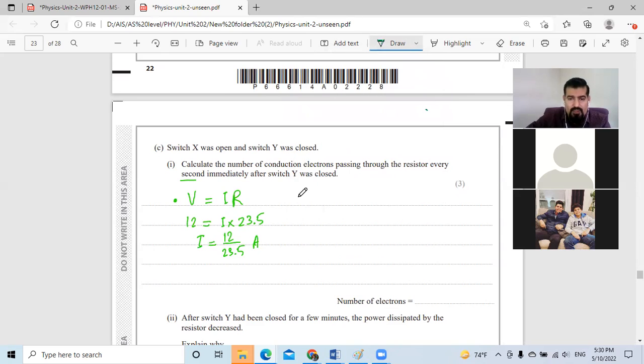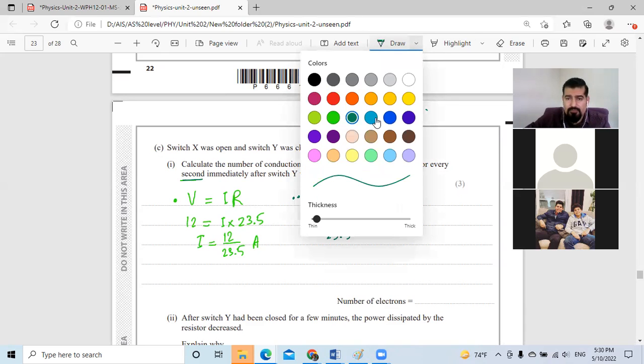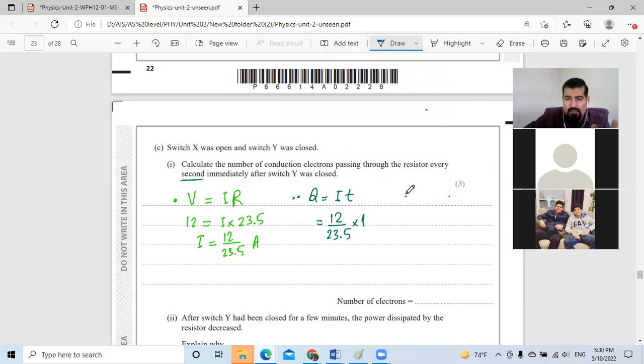Second step, charge equals current times time. That means this value multiplied by 1 second, they ask in 1 second, so I keep the same value. Third step, Q equals N E, so N equals the value that we found, 0.511, divided by E, which is the charge of each electron, 1.6 times 10 to the power of negative 19.